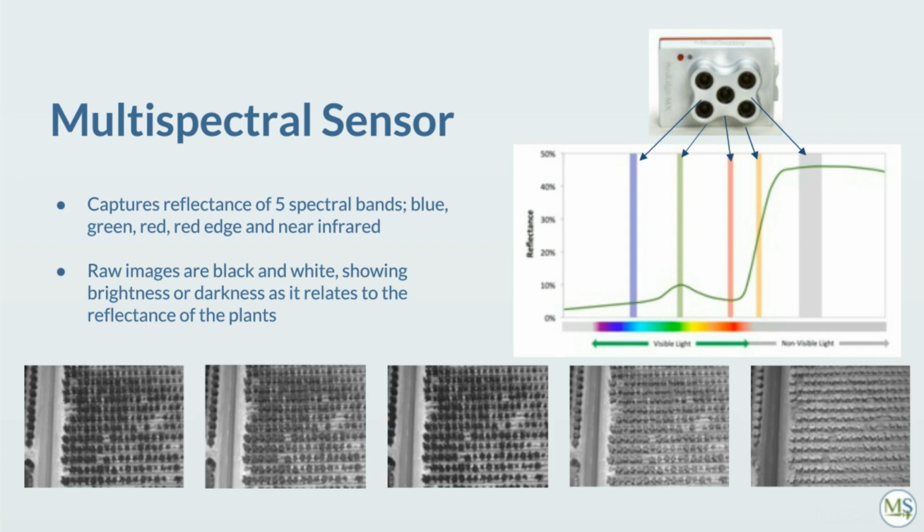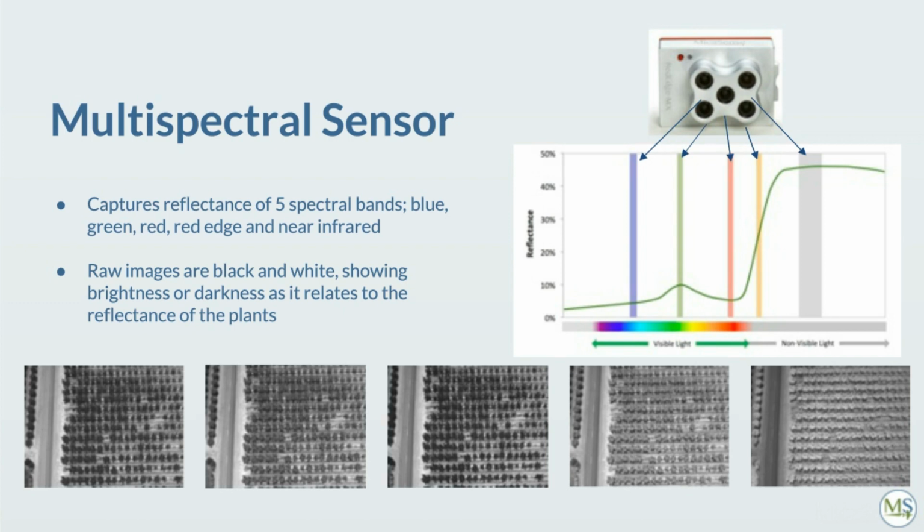So when we look at red reflectance, that red spectral band, if that image is dark, that means that the plant is typically in a healthy state. If that red spectral band image starts to lighten up, then we assume that it's not absorbing red light as effectively, and it's probably unhealthy, or it's dying.